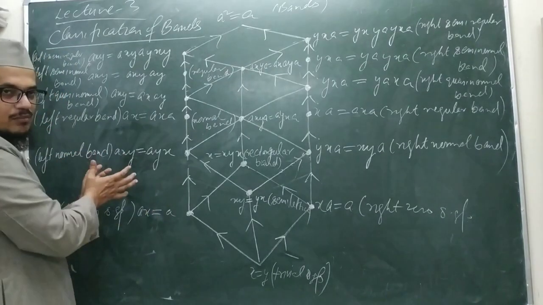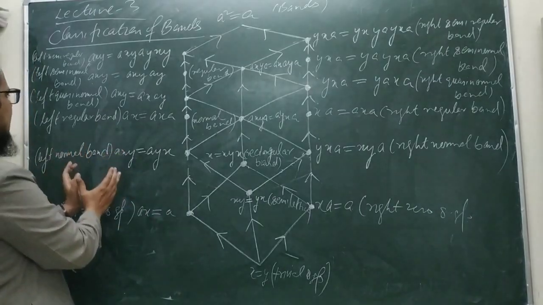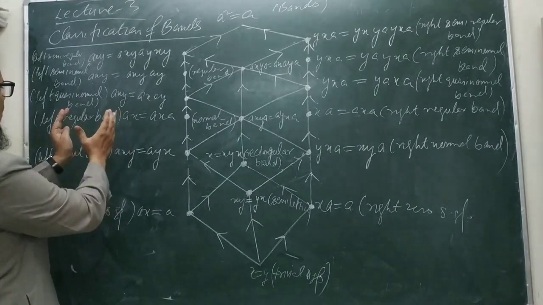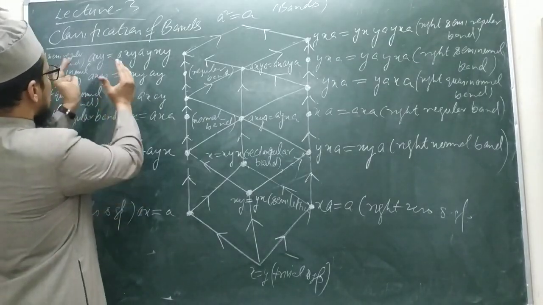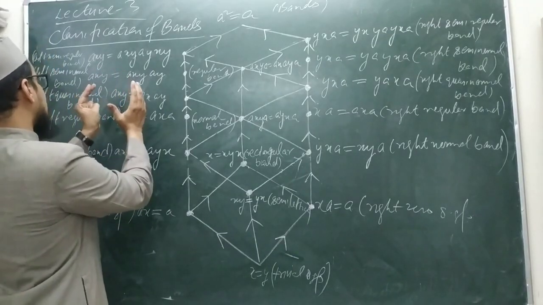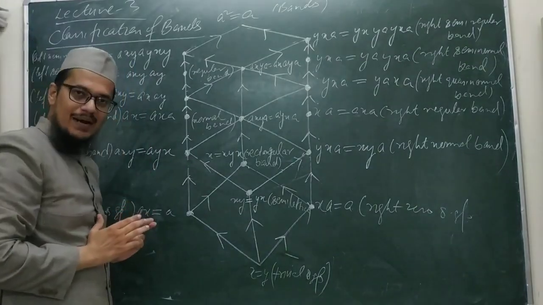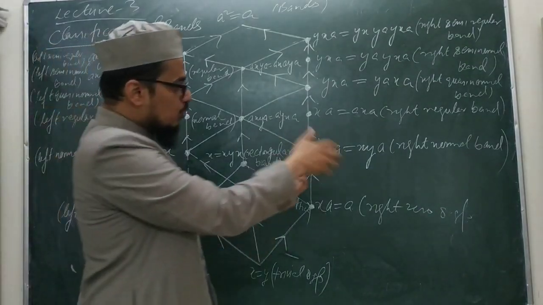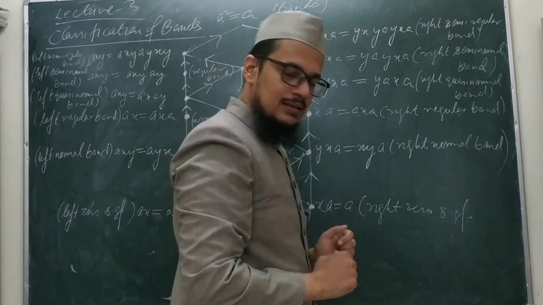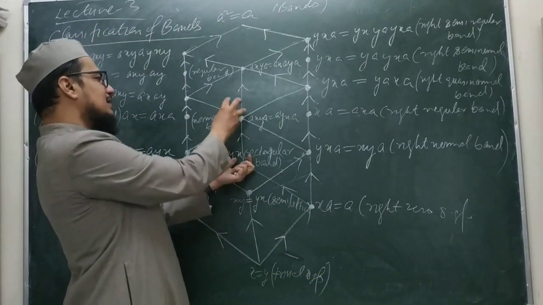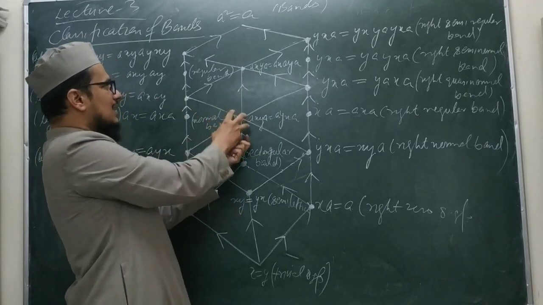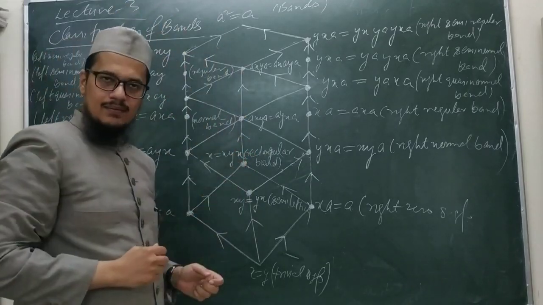It is contained in left normal band. And left normal band is contained in left regular band. Left regular band is contained in left quasi-normal band. Left quasi-normal band is contained in left semi-normal band. Left semi-normal band is contained in left semi-regular band. In a similar fashion, the dual ones are like that. In between, rectangular band is contained in normal band. Normal band is contained in regular band.